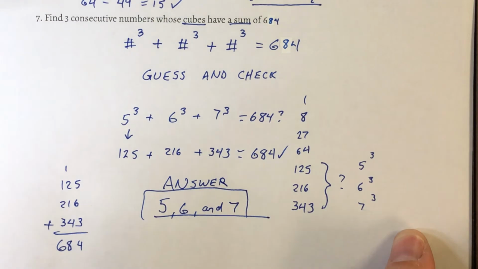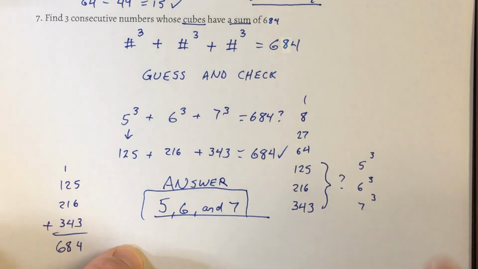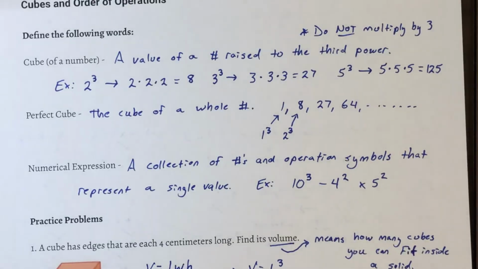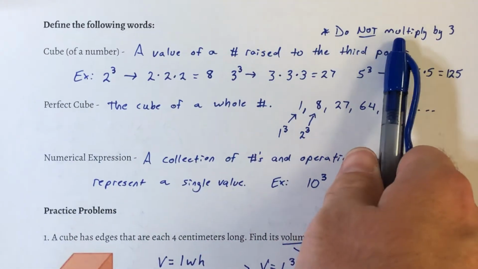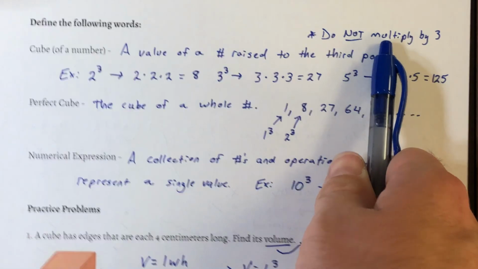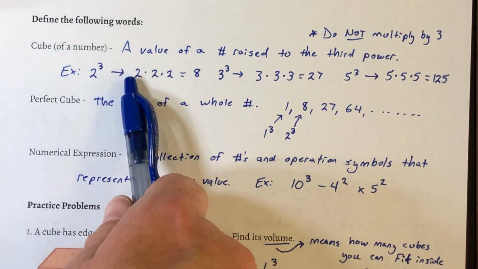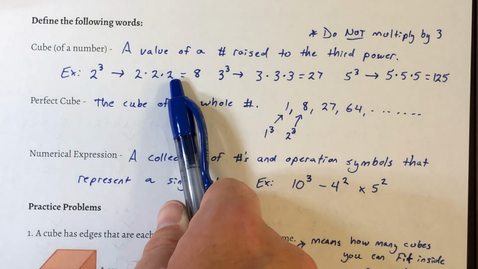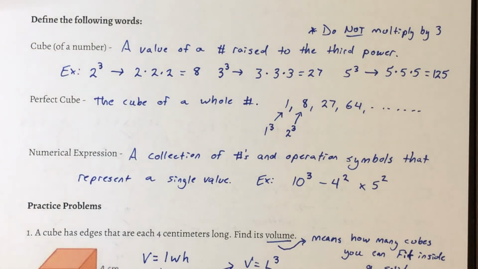All right, again, I hope that this has helped you understand a little bit more about finding cubes of numbers. Just remember, cubing numbers does not mean multiply by 3. It means writing a value 3 times in a row and multiplying by itself 3 times in a row.